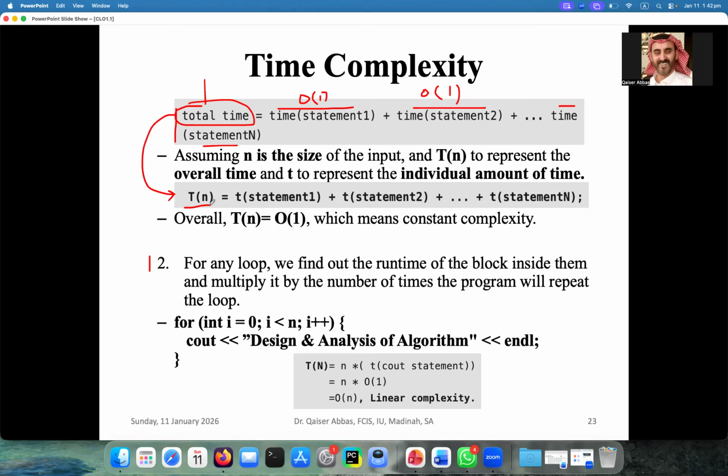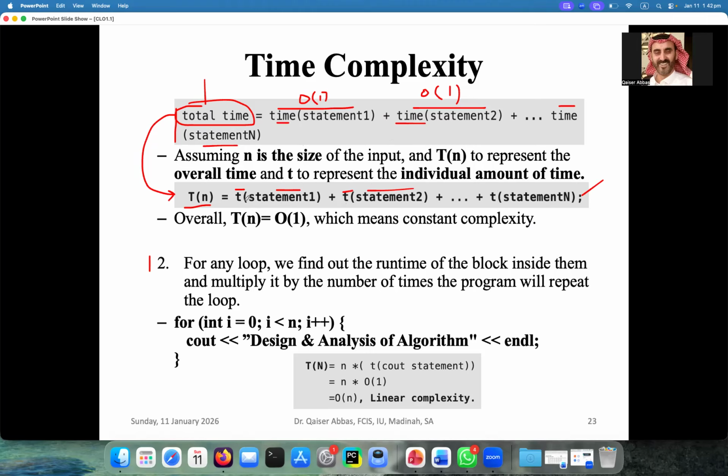You can also represent this T of n with F of n that you have seen in the previous slides. This time we are representing each statement with a small t, so this can also be written in some literature like this.